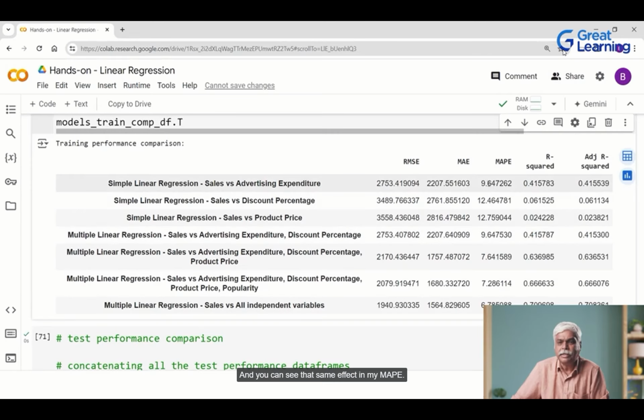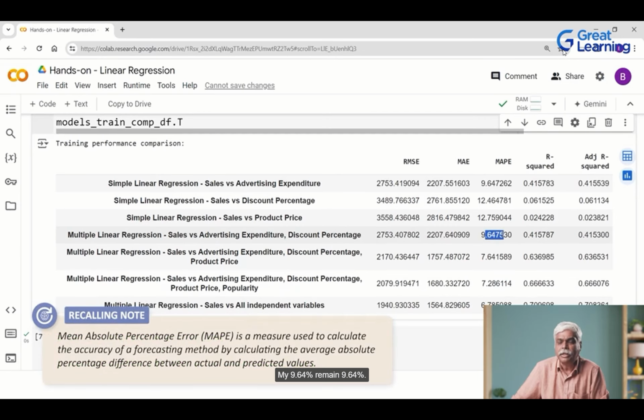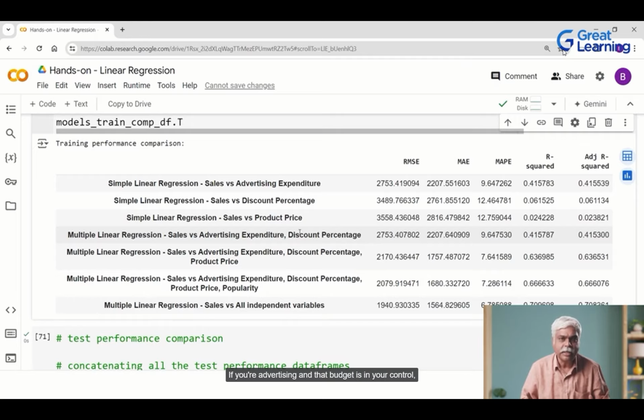And you can see that same effect in my MAPE. My 9.64% remained 9.64%. These are often good indicators when you try to understand whether discount percentage is a key lever for influencing sales. And the answer seems clear. If you're advertising and that budget is in your control, playing around with discounts separately isn't going to give you an additional lift.